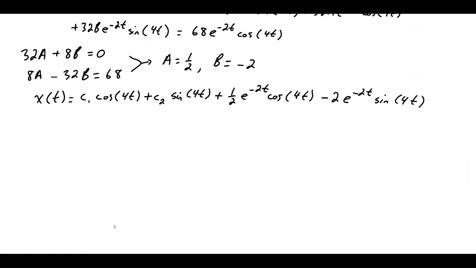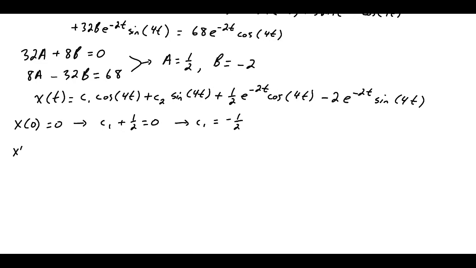So x of 0 equals 0 means that c1 plus 1/2 equals 0, which of course means that c sub 1 equals -1/2. And that's actually all we can determine from x of 0 equals 0.